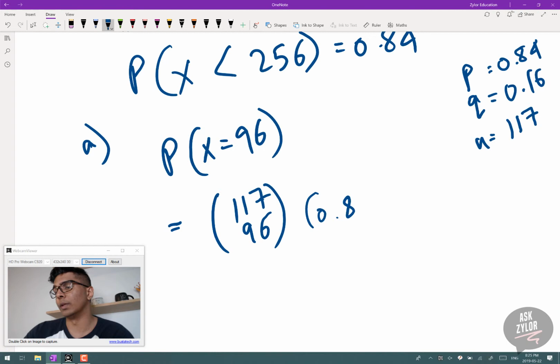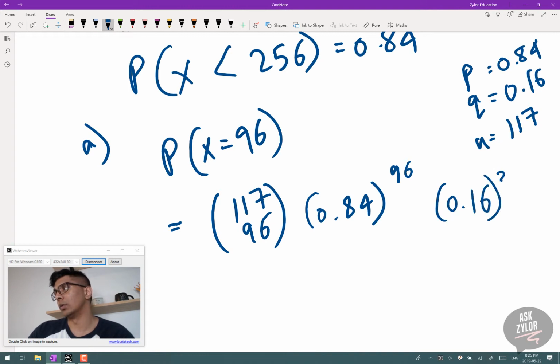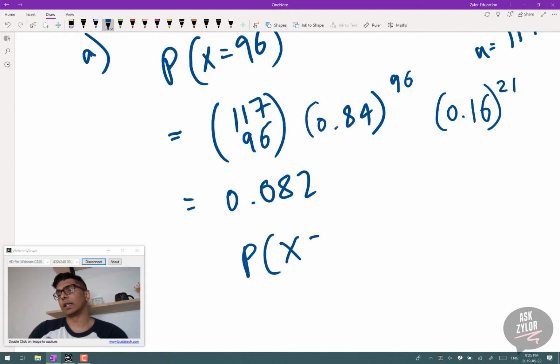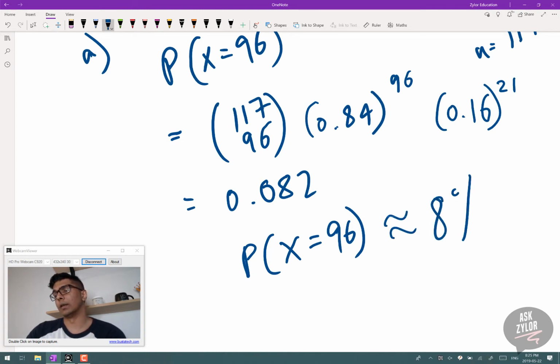So my probability of success is 0.84 raised to 96, and my probability of failure, 0.16, raised to 21. If I evaluate this, it should end up being approximately 0.082. So my probability that exactly 96 would be less than 256 milligrams would be approximately 8%.